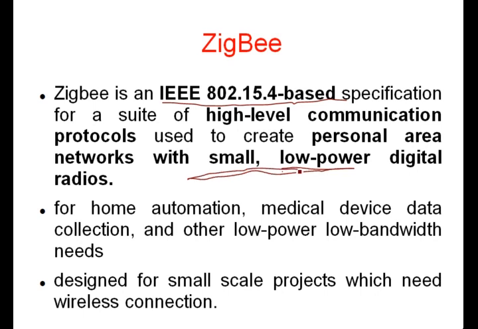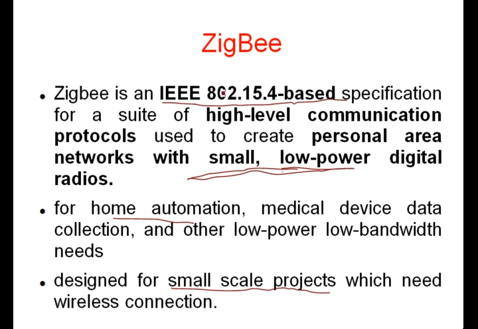We know there are small devices having low battery power and low processing power. We can use ZigBee for home automation, medical device data collection and other low power, low bandwidth needs. ZigBee networks have been designed for small scale projects which need wireless connection.